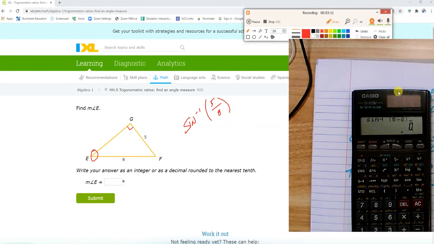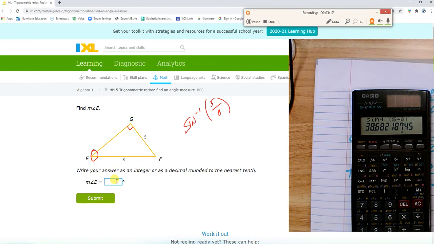Inverse sine 5/8. 38.7 with the rounding.